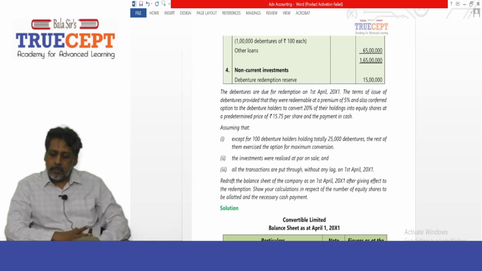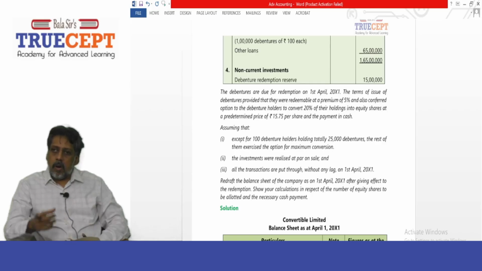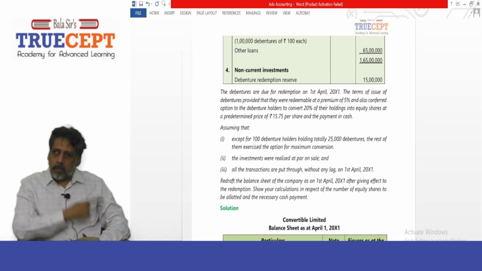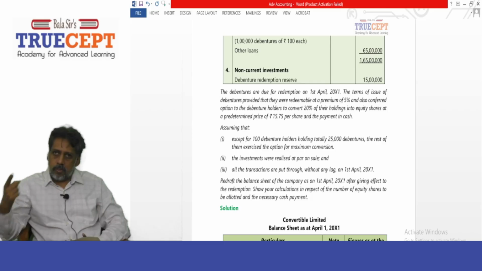Next. Assuming that number 1, except for 100 debenture holders holding totally 25,000 debentures, the rest of them exercised the option for maximum conversion. Out of 1 lakh debentures, the liability on your balance sheet is 1 lakh debentures of 100 each.